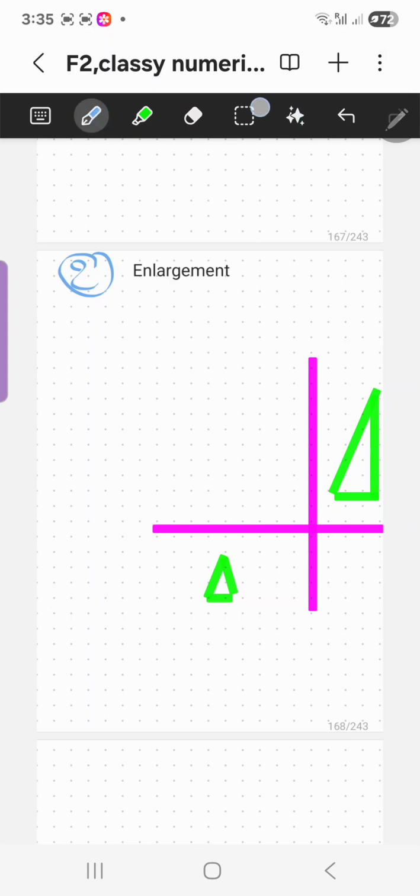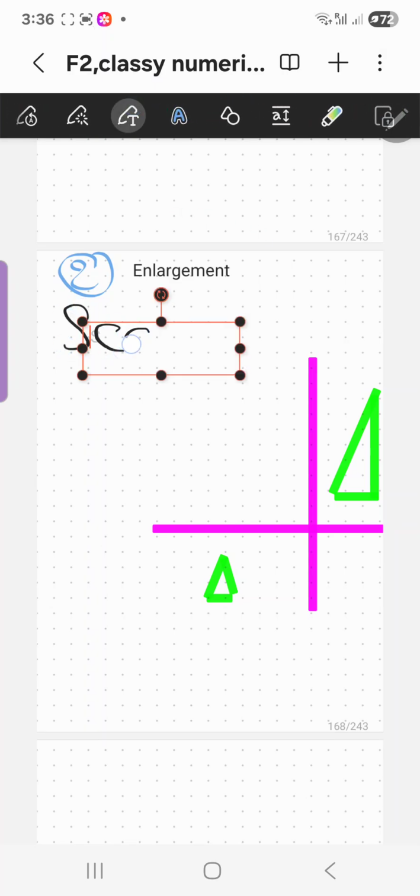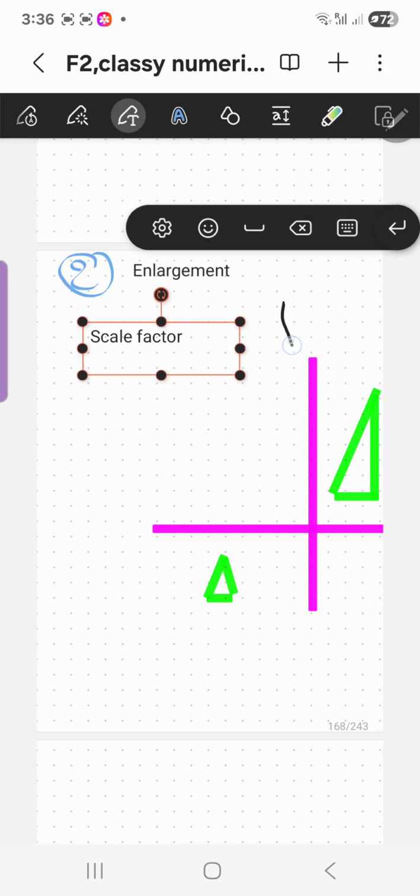Number 2, you have to say the scale factor. We have something called scale factor, SF, maybe half, or scale factor 2.